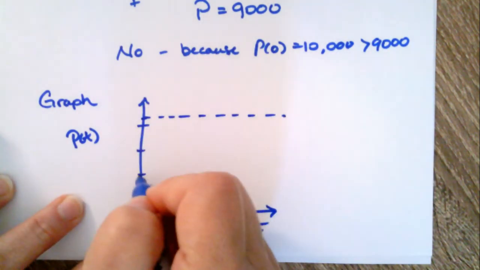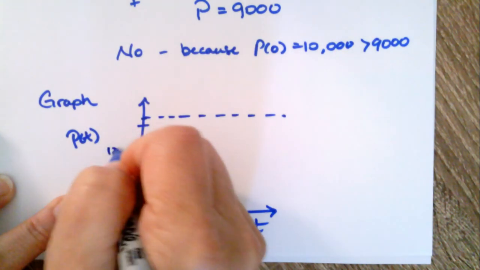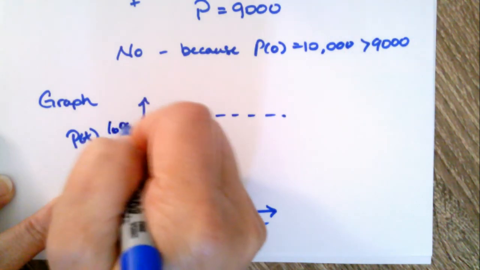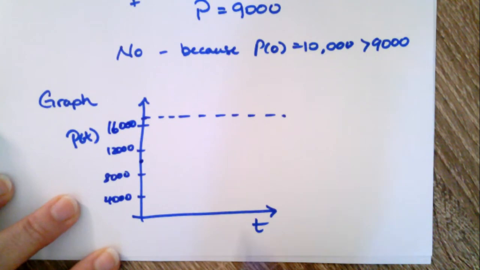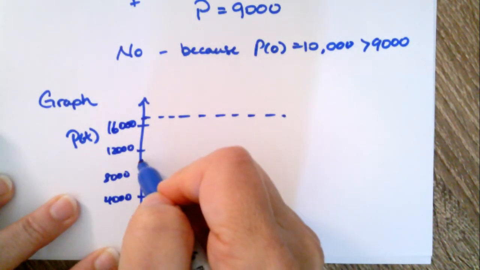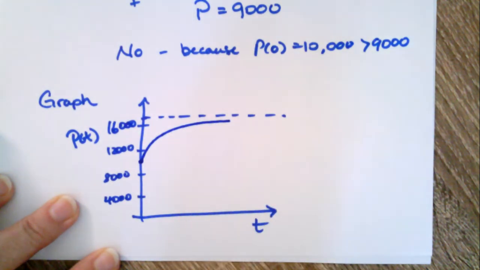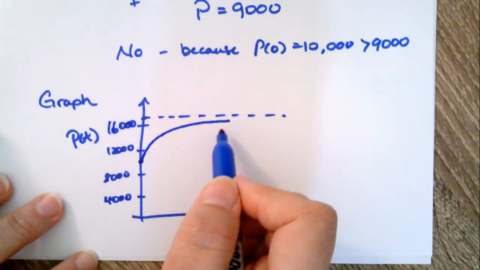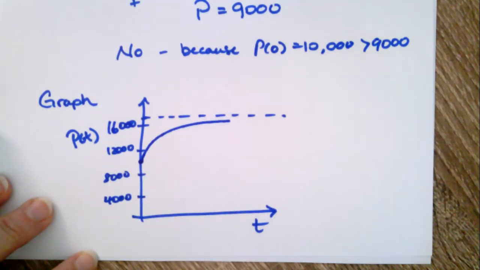But in this case, since my starting population is 10,000, we're starting here. And so we're only going to be concave down, but still increasing, approaching that carrying capacity. That's what our curve would look like because our initial population is beyond the inflection point.